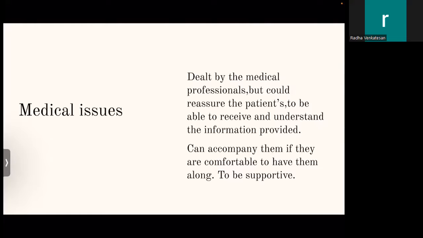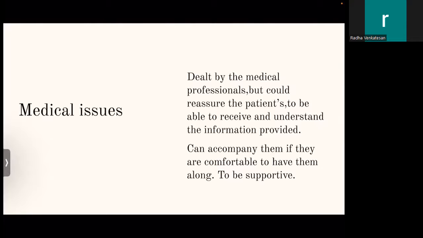But from all of your point of view, what I thought was, even on that front, as volunteers, you could be of great assistance. How? See, not everyone may have a big family. Some people may have family, but they might not want to confide, or they might have come by themselves.